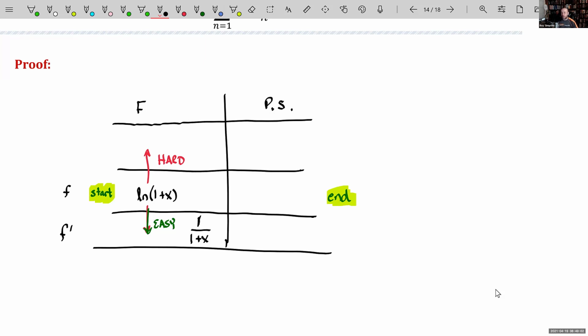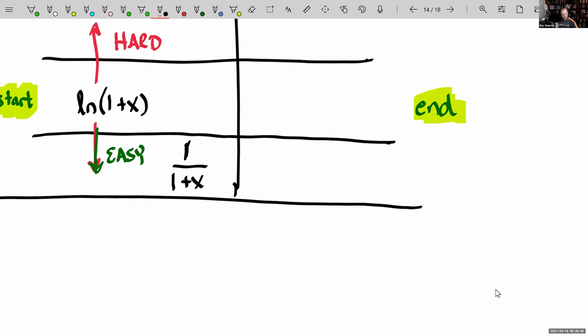And now you can see writing the power series for that is going to be super duper nice, right? That's also pretty easy. That's 1 over 1 minus a negative x, or in other words, the summation n equals 0 to infinity of negative x.